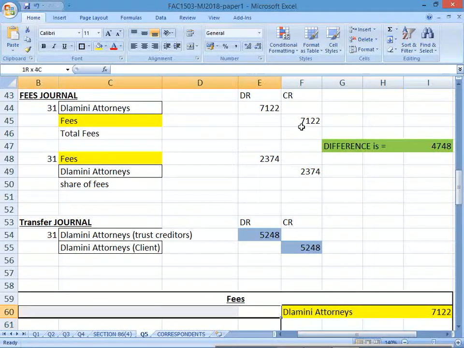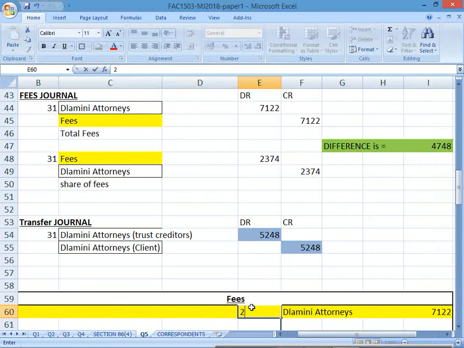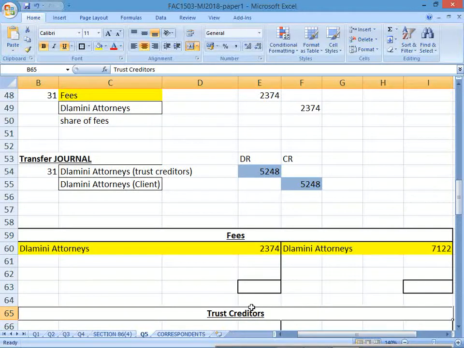And then there would have been a debit of 2374. And that would have been Glamini Attorneys. Okay, that's the fees journal.